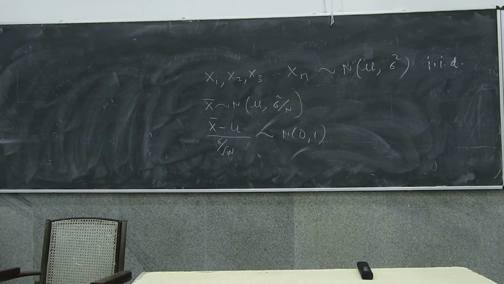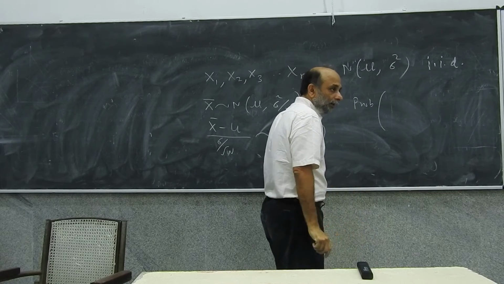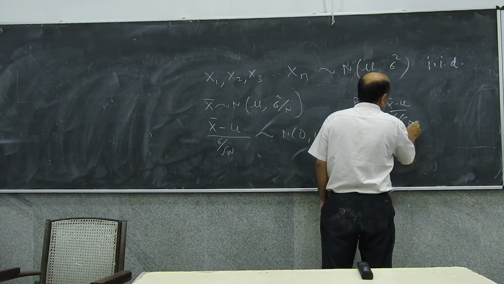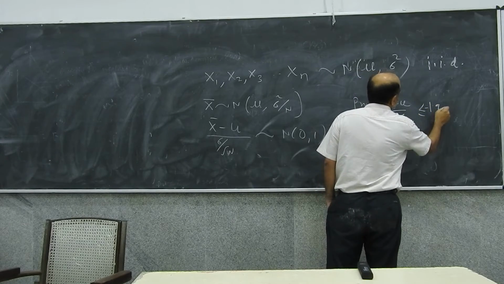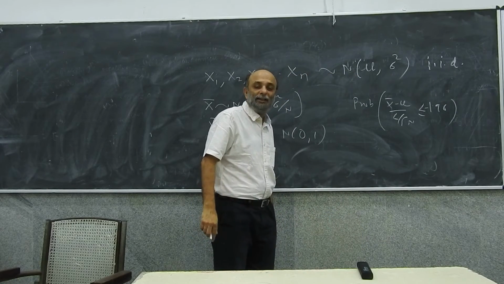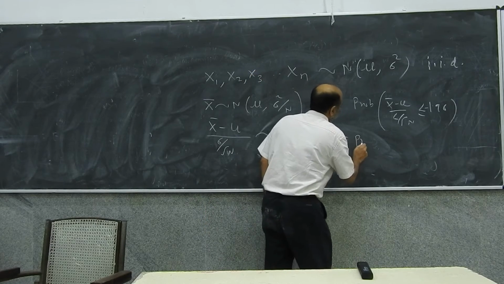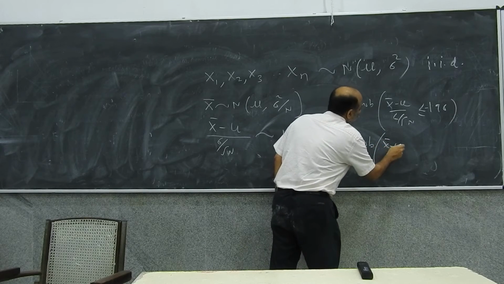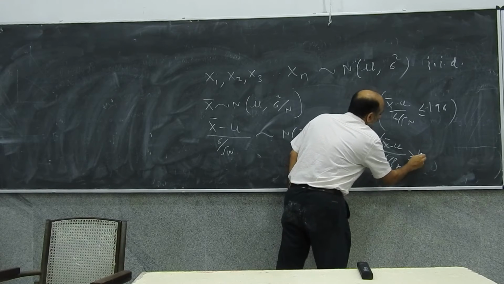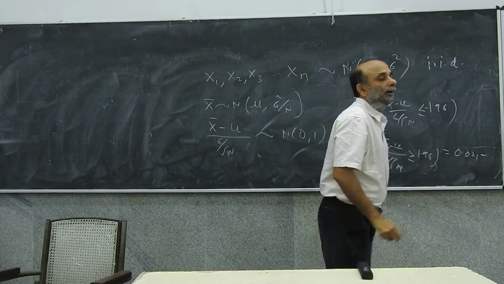Which means that the probability that x bar minus mu upon sigma by root n is less than or equal to minus 1.96 is 2.5%.